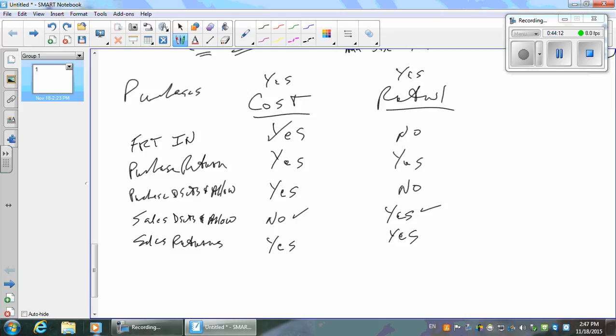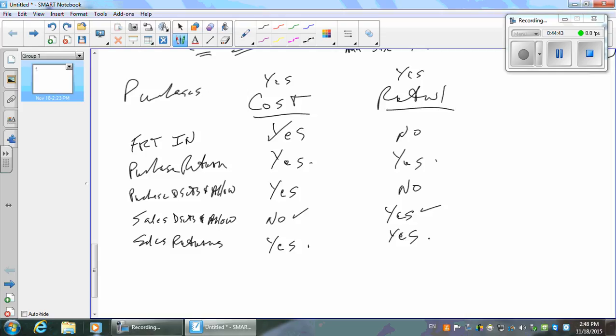On the purchase return, you no longer have the cost, you no longer have the goods available to sell. On the sales return, you no longer have the sale, right? So I'd add it back in, but I now have the goods back, so I'd add the cost of the goods back in. They didn't show an example of that, but I think they're wrong. Okay, what else do we have here? Transfers. So what's that?